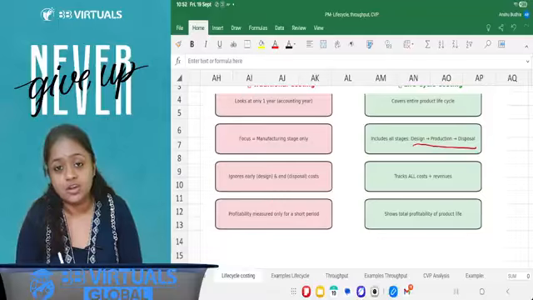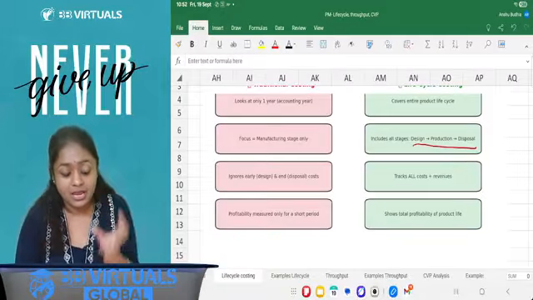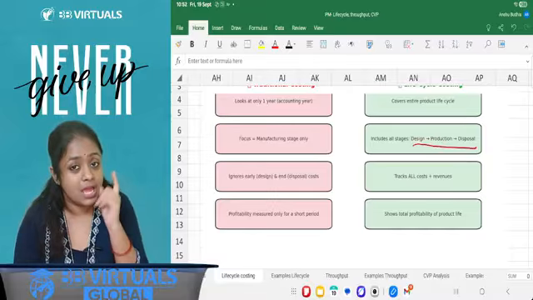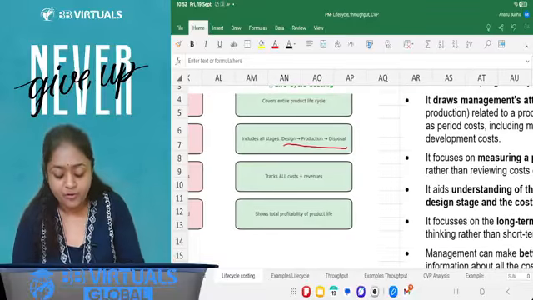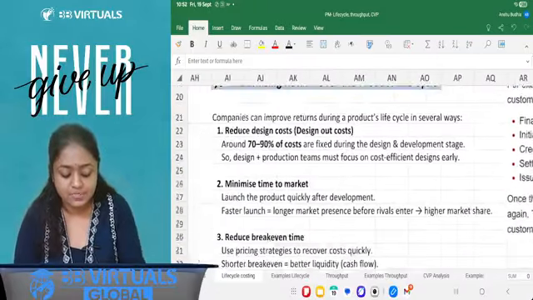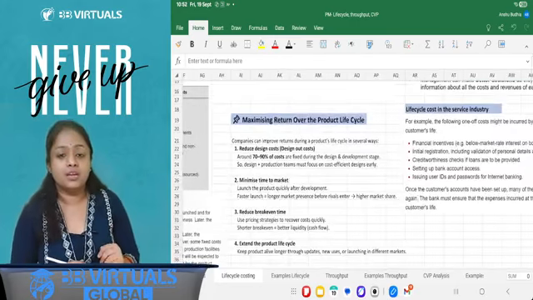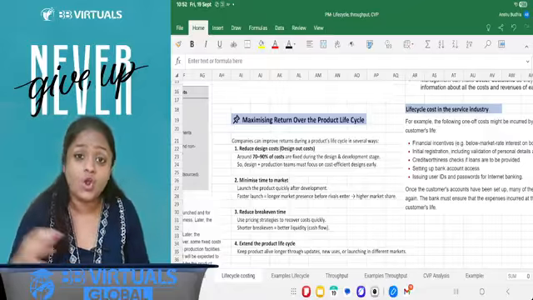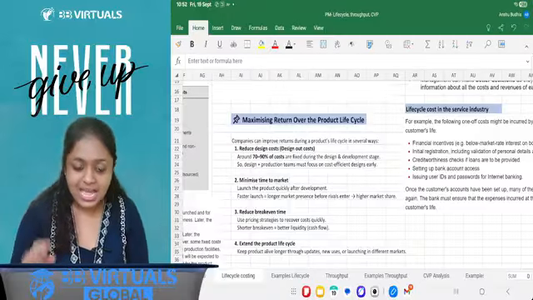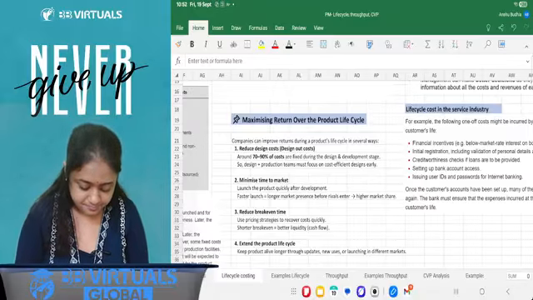So traditional costing ignores them. Look at it, such an important pointer, right? Traditional costing ignores it, but life cycle costing considers it. So traditional costing generally helps us derive profits only for a short run, but life cycle costing helps us derive profits for a longer period. Correct? I hope you all are with me on this. Great.